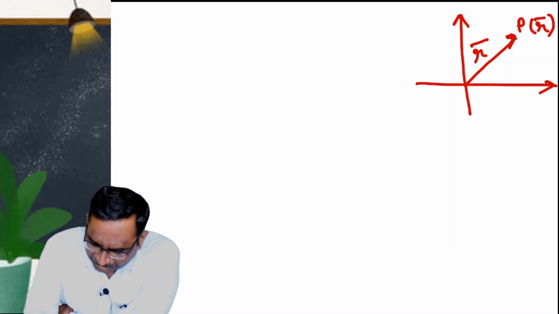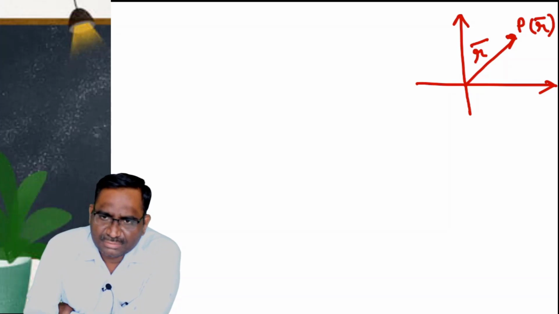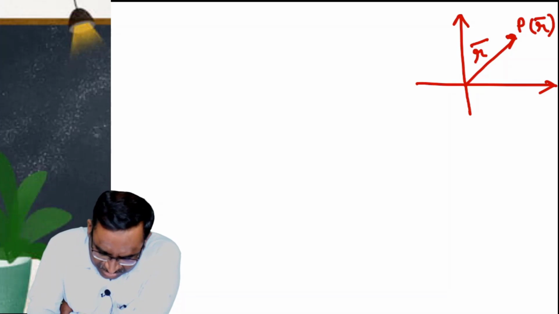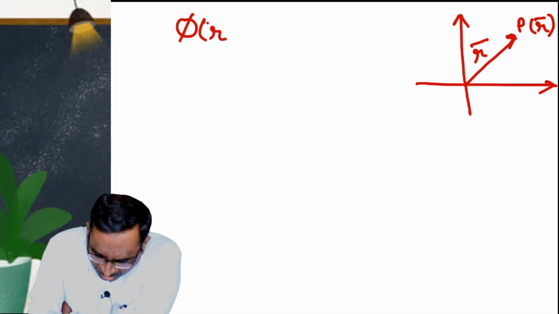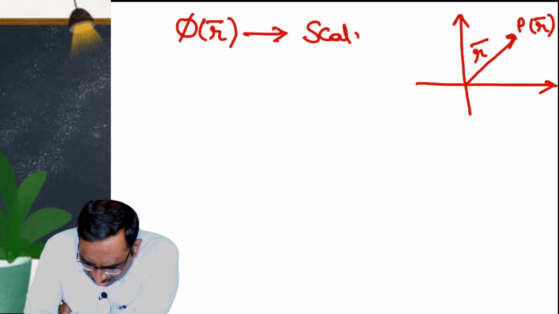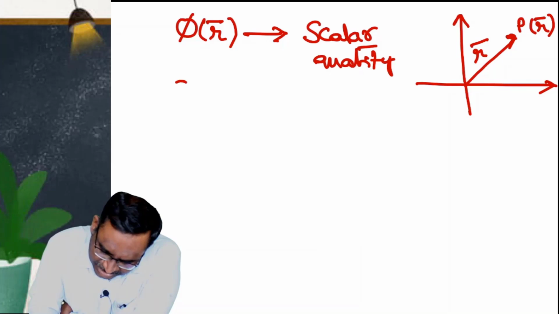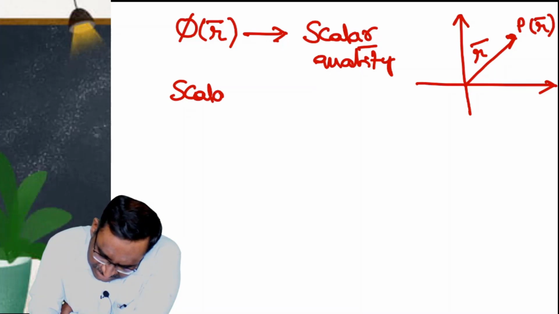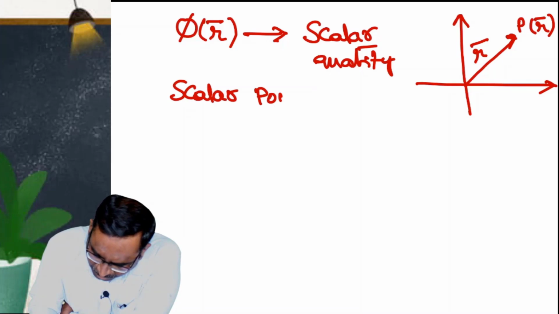Suppose for this position vector there is a function, let it be phi of r bar. For this function we always get a scalar quantity. That function is called a scalar point function.